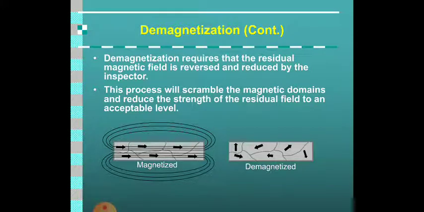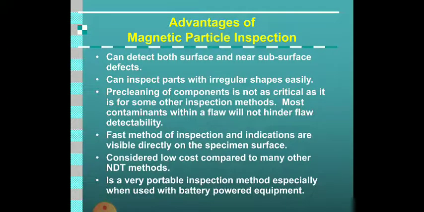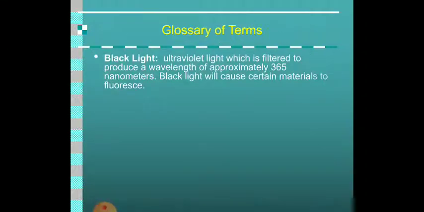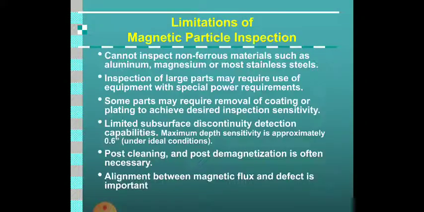So that is the thing, and this is the advantage of magnetic particle inspection, that it can detect flaws both on the surface and near the surface. And these are the limitations.